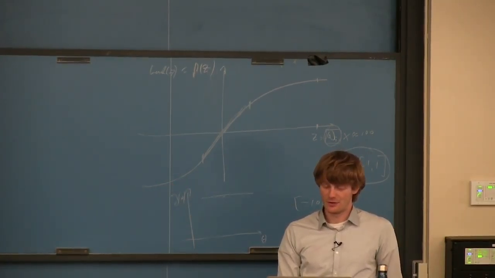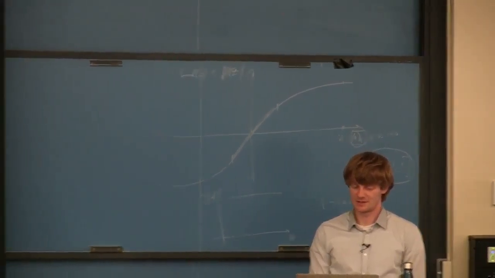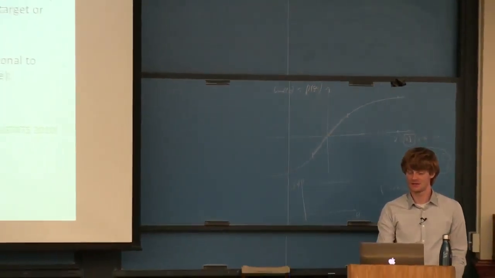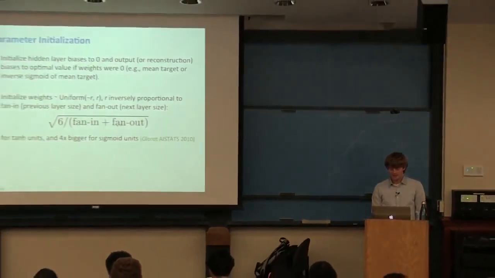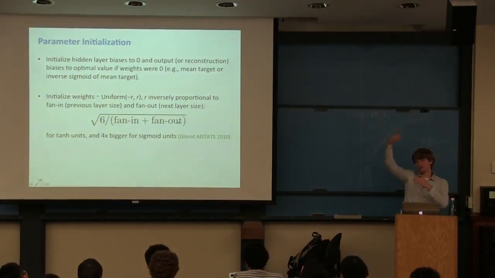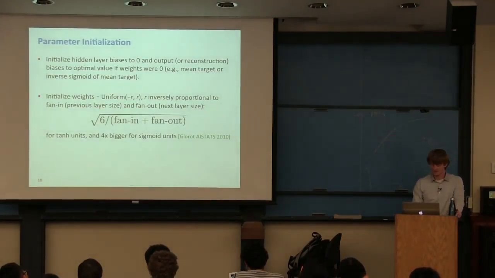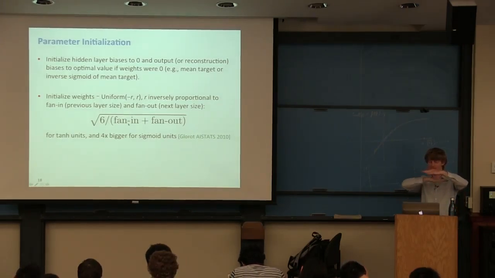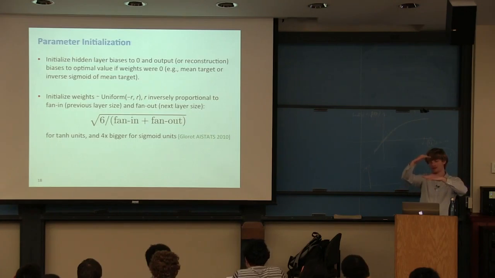And if you have a 100-dimensional output, then this is 100 for the fan-out, the next layer size, being the layer above the current one that you initialize. So let's say this hidden layer has 500 inputs, and the next layer is 100, so then you have here 600.